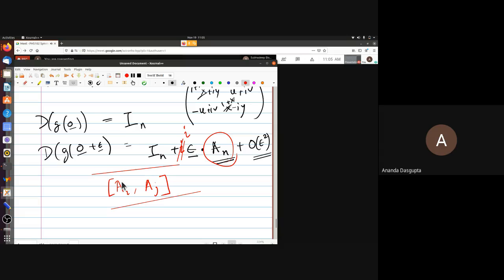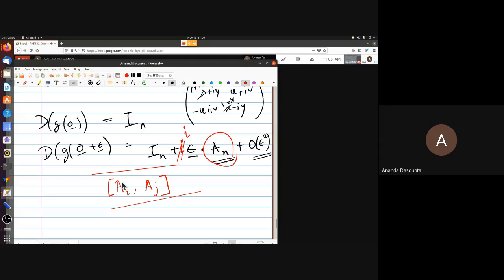The important point is, ultimately, knowing the commutators is enough to know the entire structure of the group, or almost enough to know the entire structure of the group. So instead of worrying too much about the full group, which is more complicated simply because the composition rules between the parameters could be very, very complicated, here, on the other hand, you're dealing with operators or matrices whose commutator is all you really have to worry about.